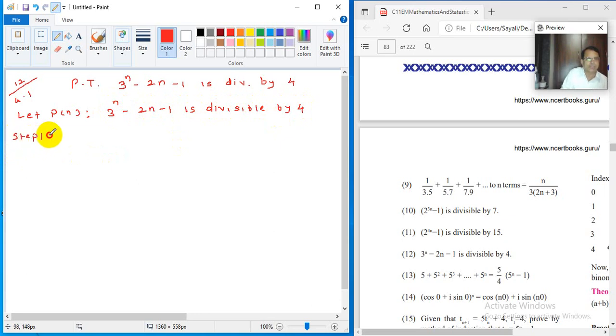What will be step 1? To prove that P1 is true. P1 is true. That is, to prove that 3 raised to 1 minus 2 into 1 minus 1 is divisible by 4.